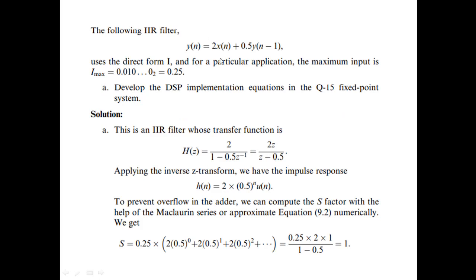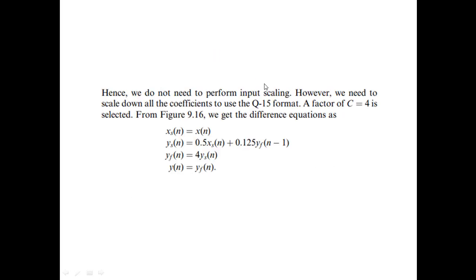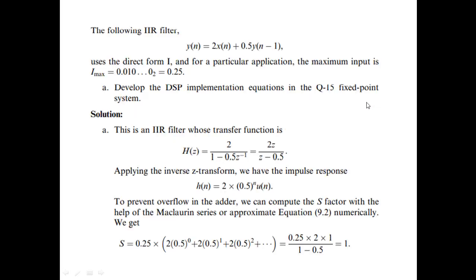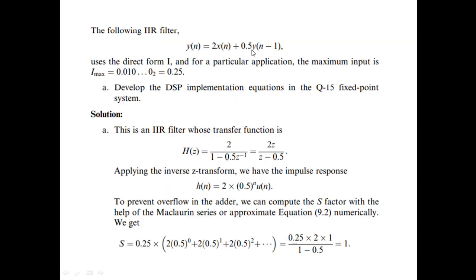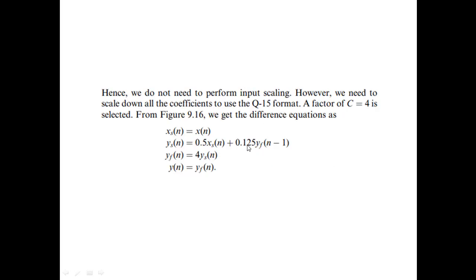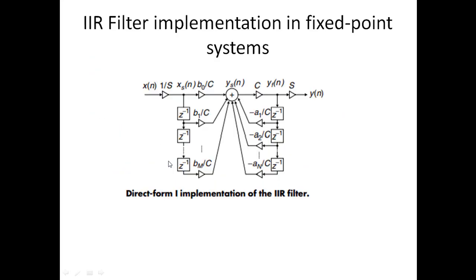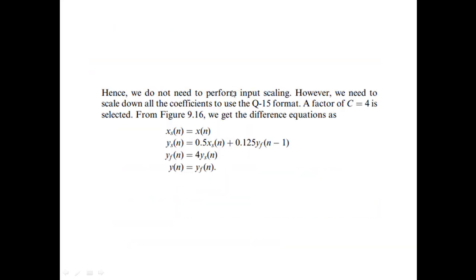Fine. So what is this? 2 divided by what? What is the scaling factor we used? 4, right? So 2 by 4 is 0.5. And 0.5 by 4 is 0.125. Now what is yf of n? We'll go back to our figure. This is c times ys of n, right? So c is 4, so 4 times ys of n.